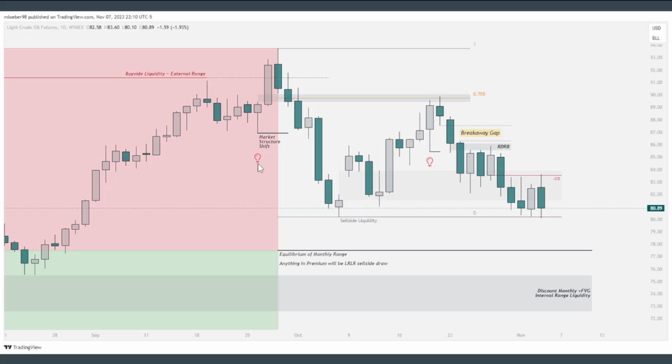After that shift, we reached a low that retraced into an optimal trade entry of that daily swing, measuring from this swing high to this swing low. As you can see, we traded into this daily bearish inversion gap, and after we reached that inversion gap, another shift in structure, closing below this swing low.